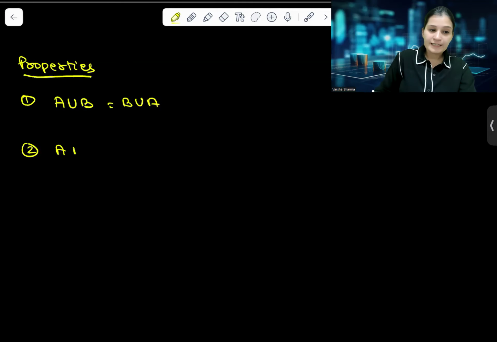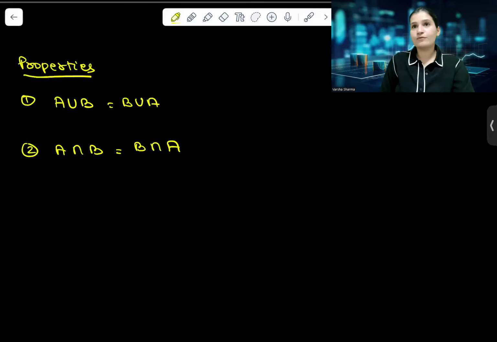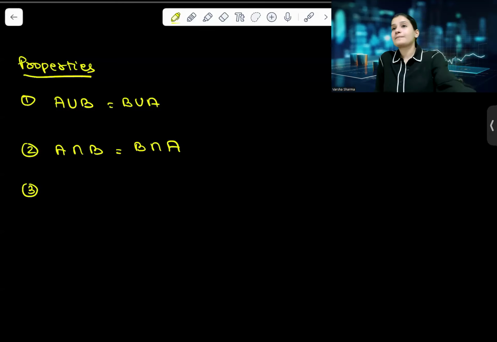Intersection. Again, it is commutative. Yes, it won't matter. What about difference, A minus B and B minus A? That's not commutative. It matters whether we are writing A minus B or B minus A.